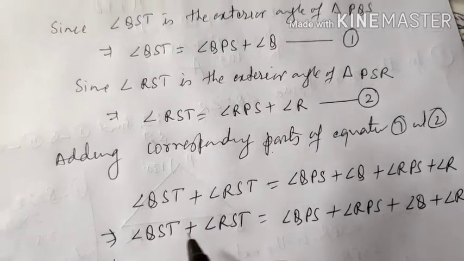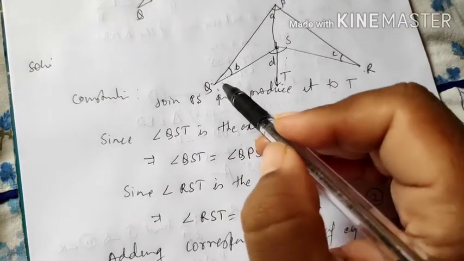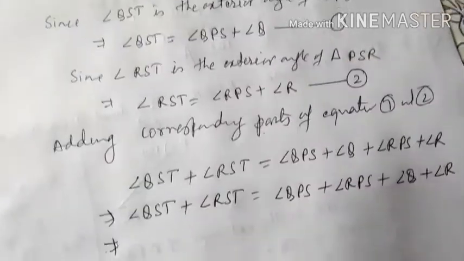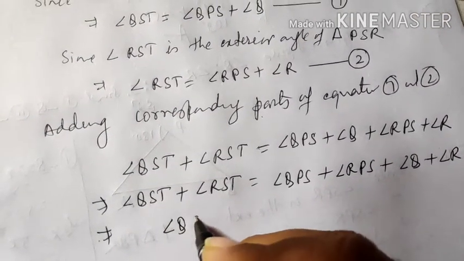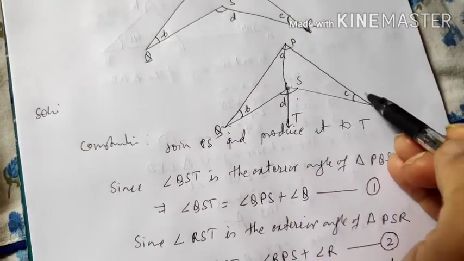And this implies that QST plus RST equals angle QSR. So it is angle QSR, and QPS plus RPS equals QPR.